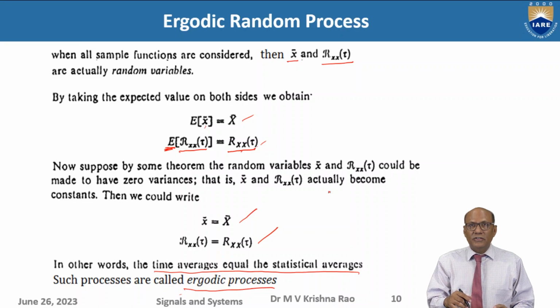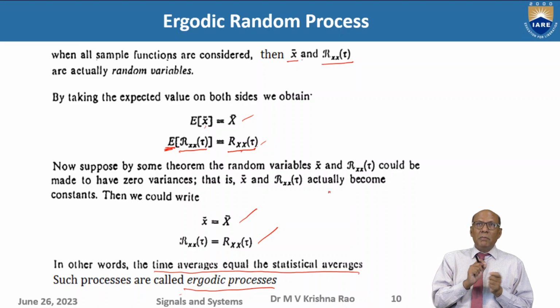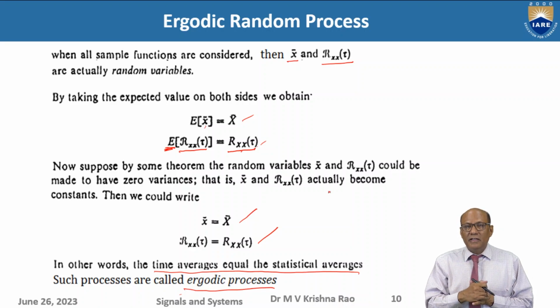Now in the next class, probably we will see some simulations on this. Then we study the autocorrelation properties also. Then we pass this random signal through systems. Each random signal is a member of one family, and that family is identified by density functions.